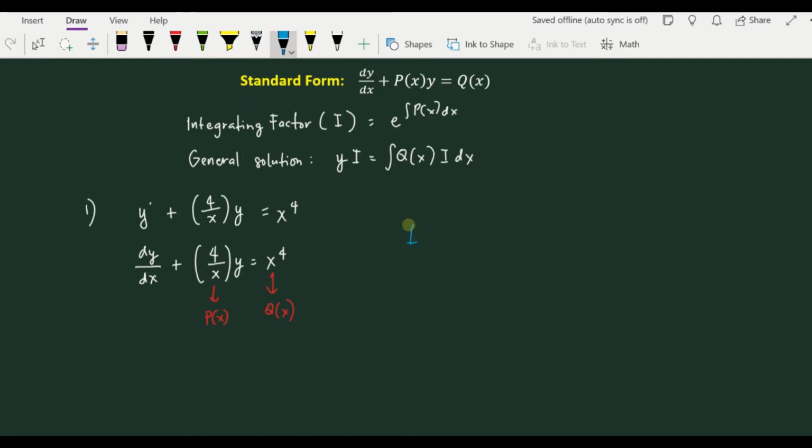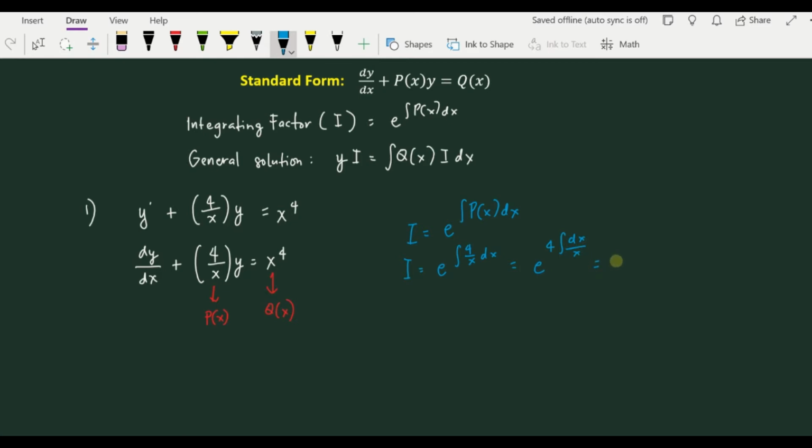Okay, so ang next step natin, kunin natin yung value ng integrating factor. Okay, so yung I is equal to e to the integral of p of x dx. And so, the integrating factor is equal to e to the integral of, ang p of x natin yung 4 over x, so 4 over x dx. So, that is equal to e to the, labas natin yung 4, we have integral of dx over x.